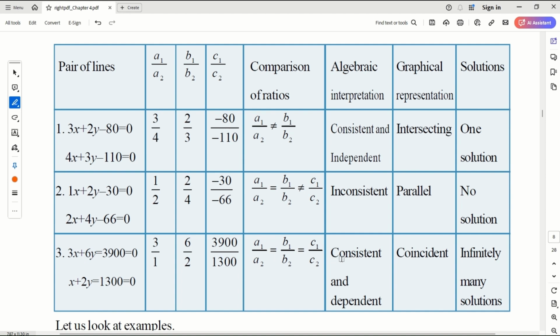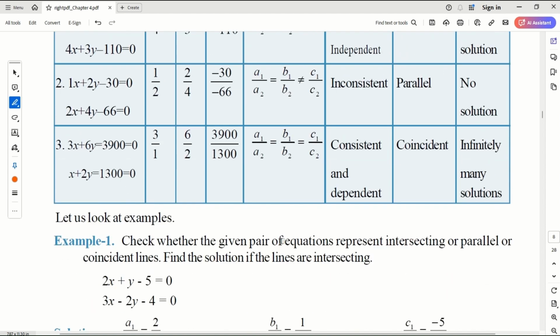We are calling this consistent and dependent, because both are the same line, the lines are coincident, and infinitely many solutions are possible. So this is the observation so far for the coefficients and the solutions of the linear equations.